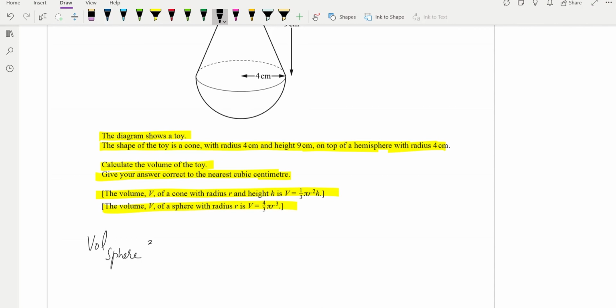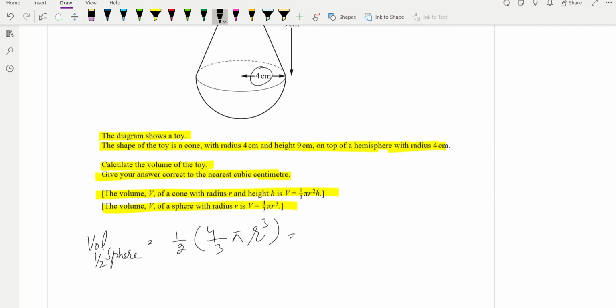So volume of hemisphere will be basically half sphere, so it will be 1 by 2 into 4 over 3 pi r cubed, and this one we can replace value.